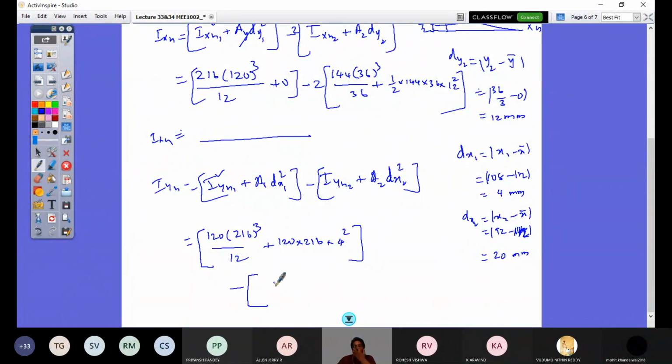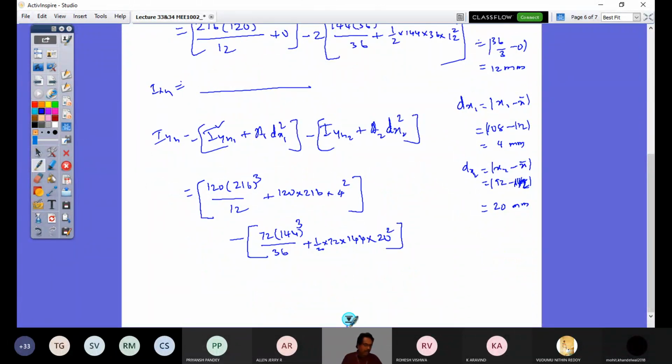IYG2 is the triangle. So for the triangle, BH cube by 36. B is the width, so that is 72, and the height is 144. The altitude of that is 144 cube by 36, plus half into 72 into 144, which is the area, into this 20 square. So this would solve for IYG. I leave it to you to work this out on the calculator.